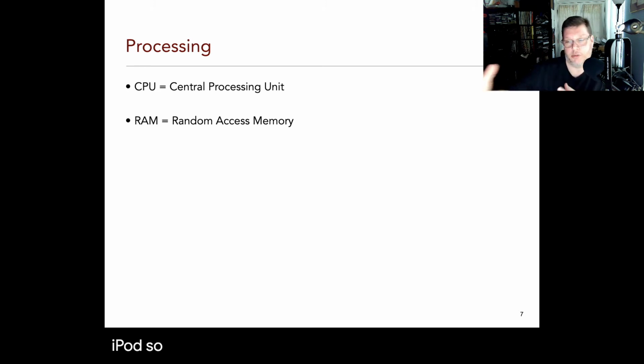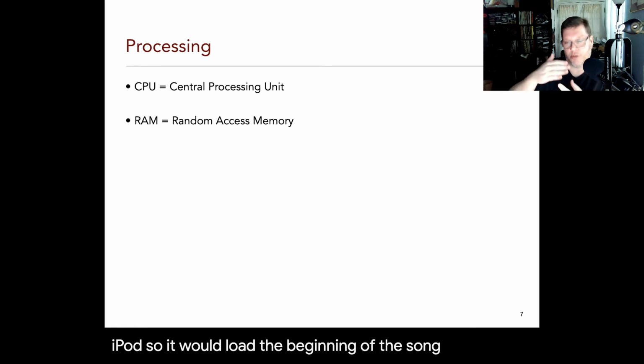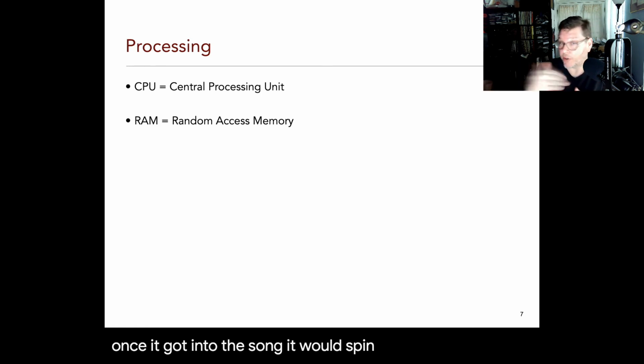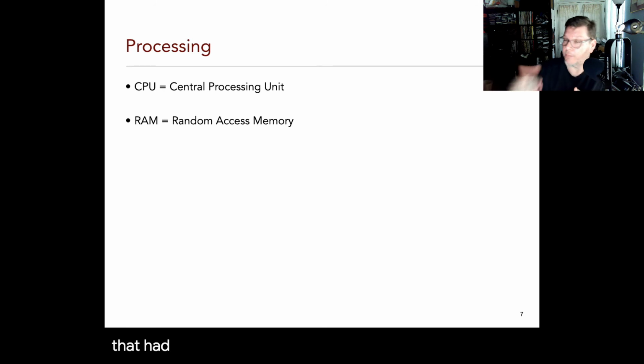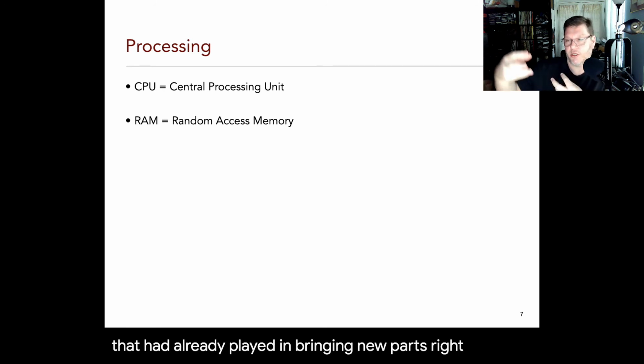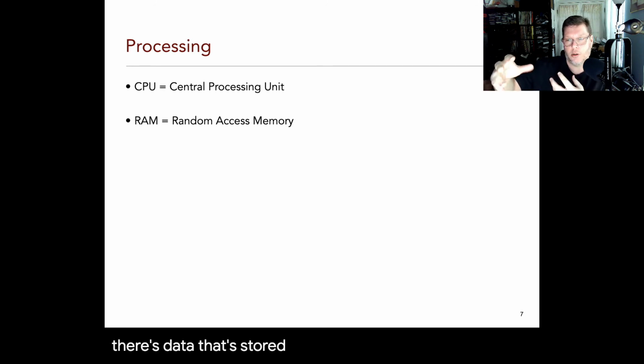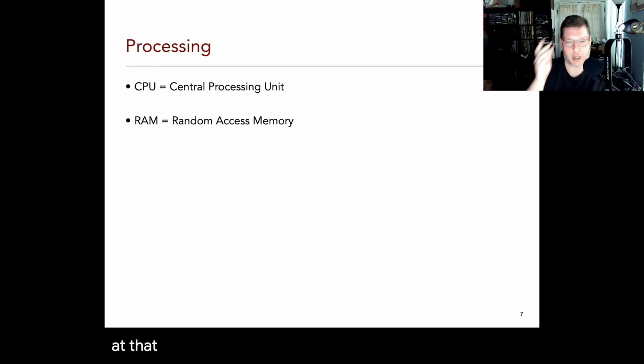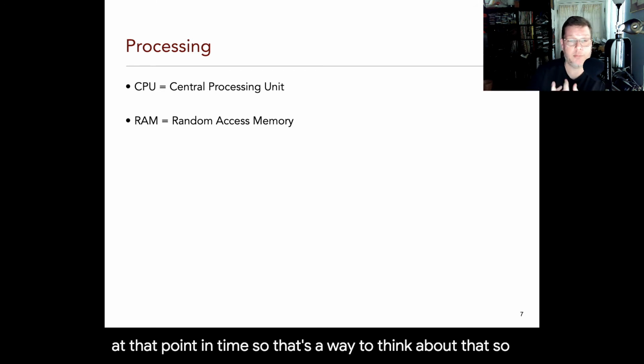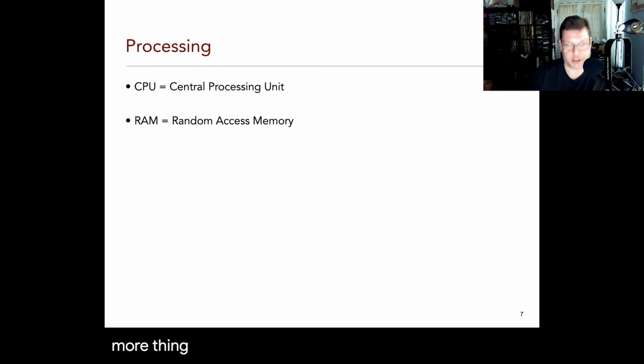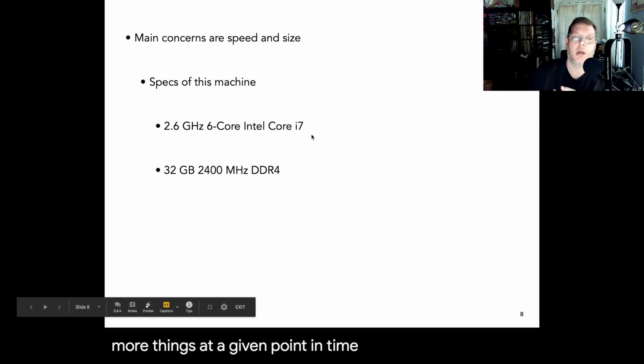So it would load the beginning of the song, and then once it got into the song, it would spin up and offload parts it had already played and bring in new parts, right? So there's data that's stored on the drive, and then there's data that gets pulled into the RAM because it's going to be used at that point in time. So that's a way to think about that. Having more RAM allows us to deal with more things at a given point in time.